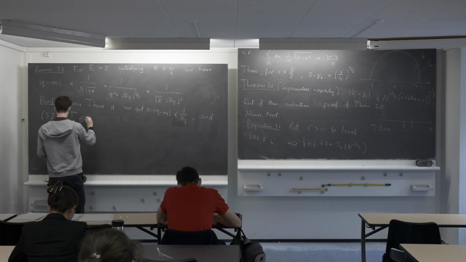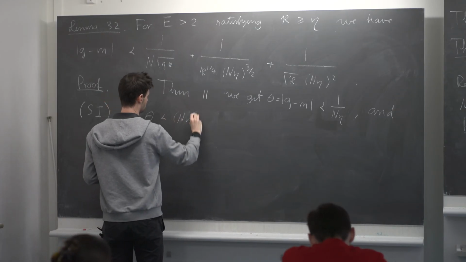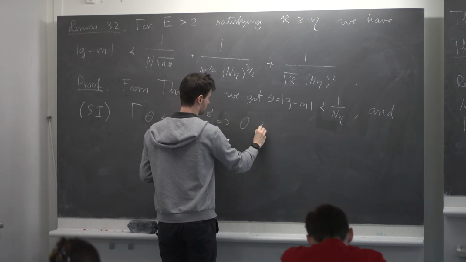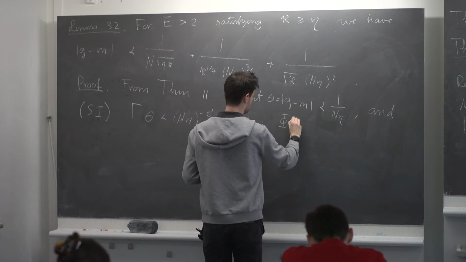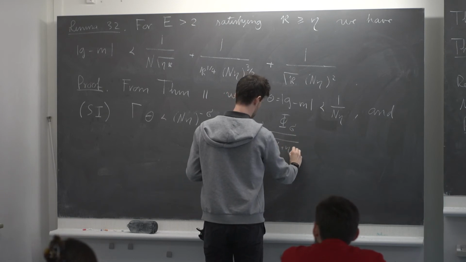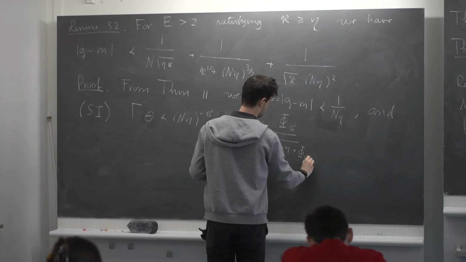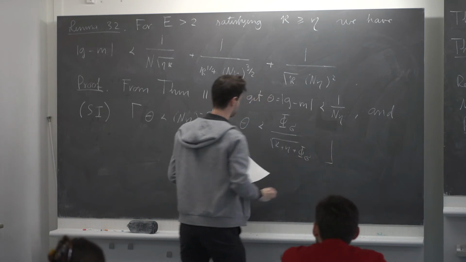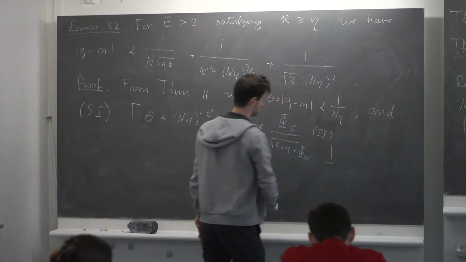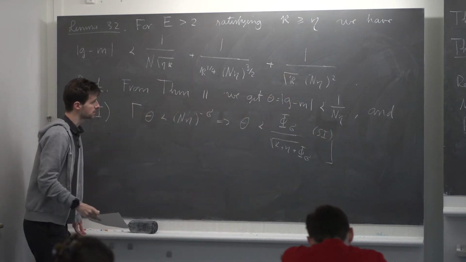If theta was bounded by n eta to the minus sigma, then theta is bounded by phi sigma, kappa plus eta plus so on. That was the self-improving bound. And now I will use it somewhat differently.